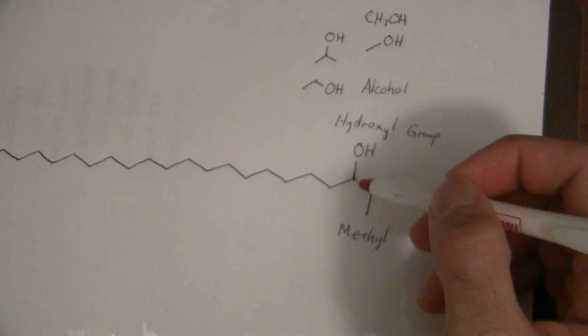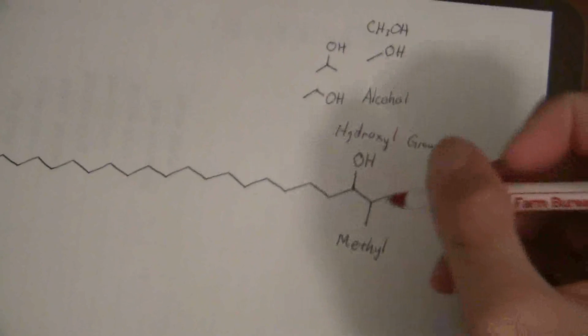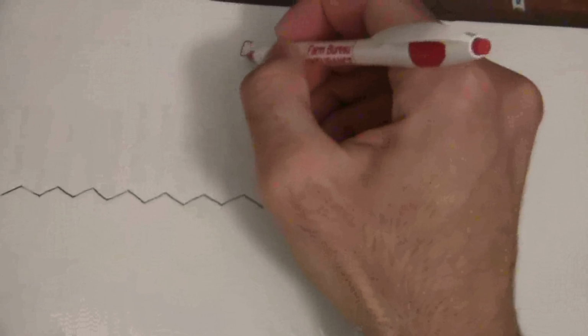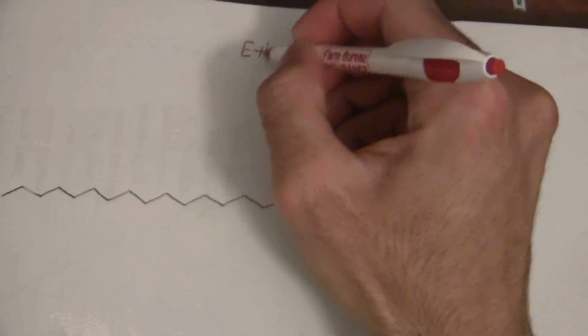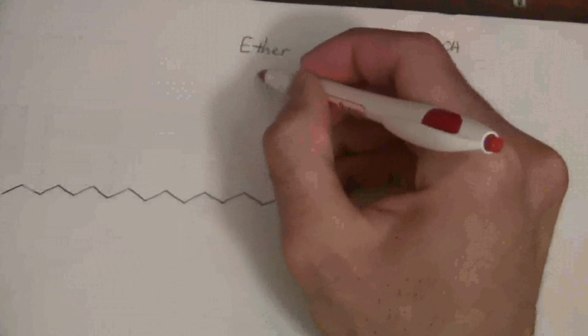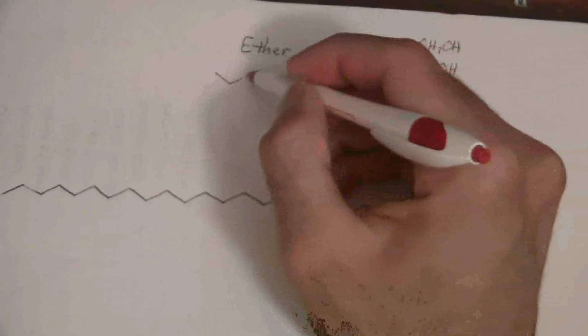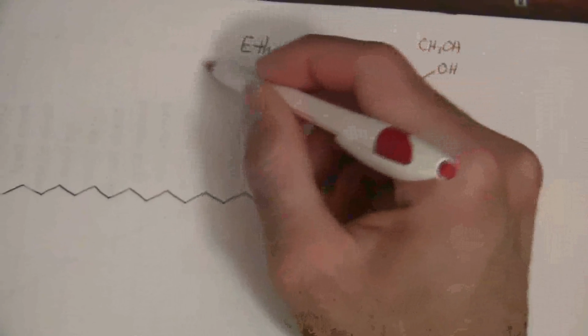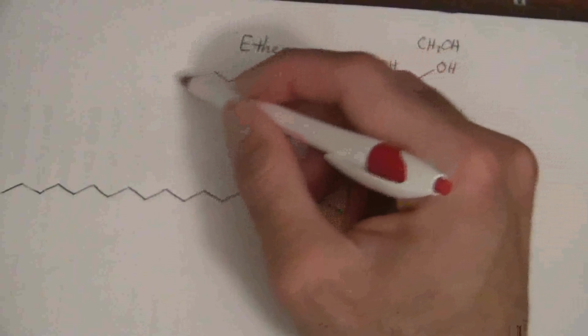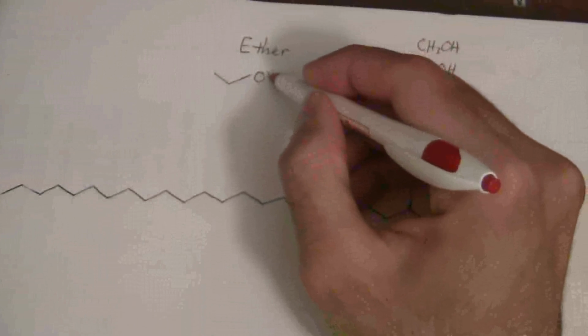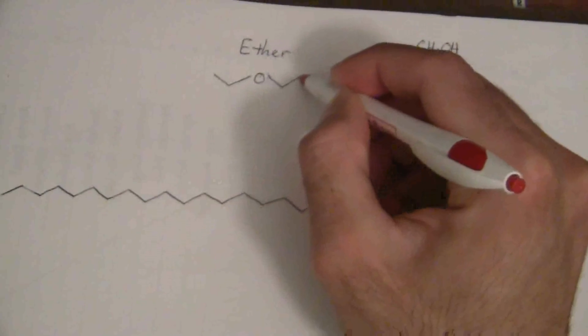One functional group that is similar to the alcohol is an ether. An ether is a molecule that has its carbon chain, but instead of an OH like the alcohol, it has a second carbon chain.